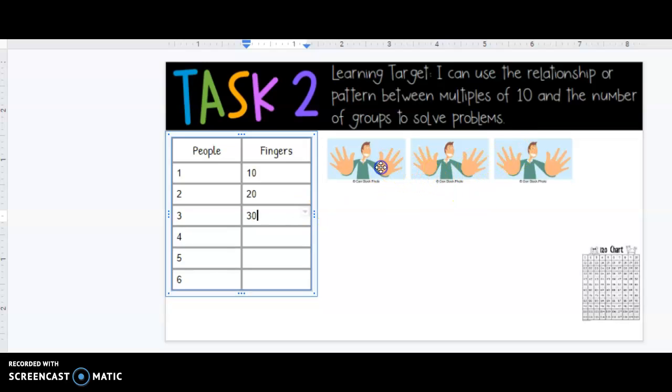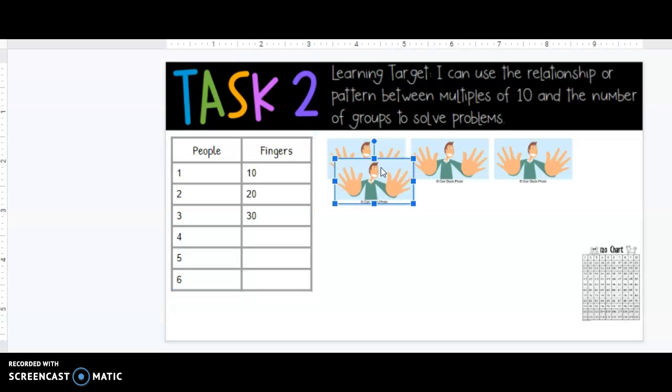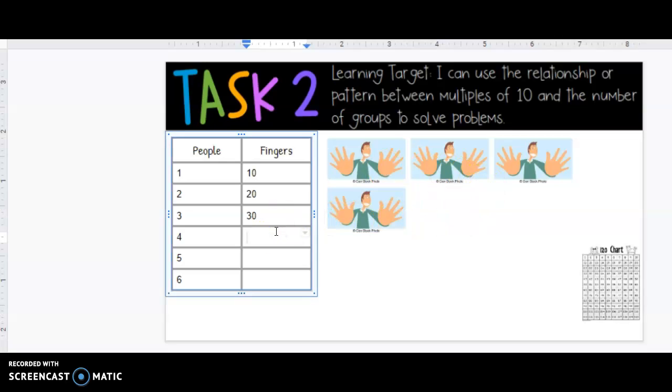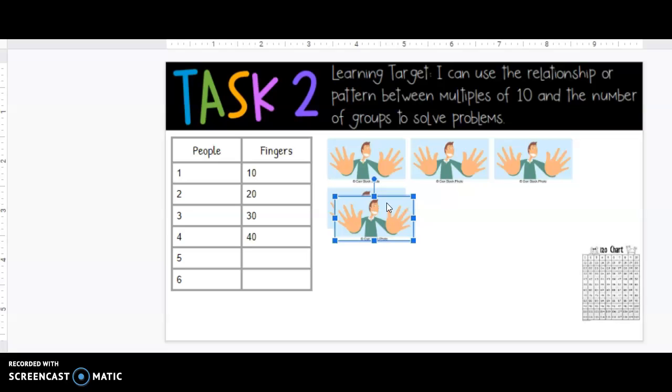What about 4 people? If there are 4 people, how many fingers do you see? Great job if you typed 40. Let's do it 2 more times. 5 people.